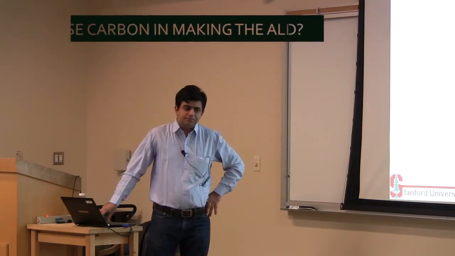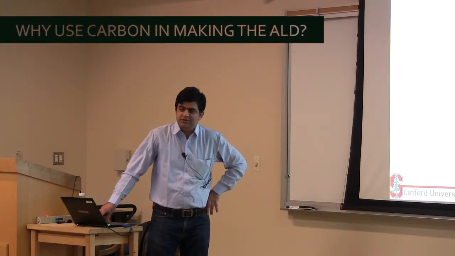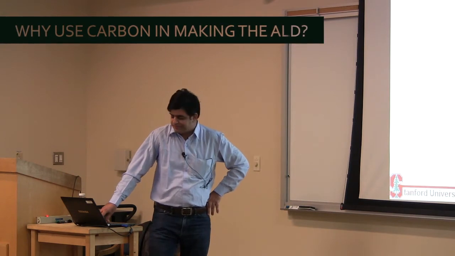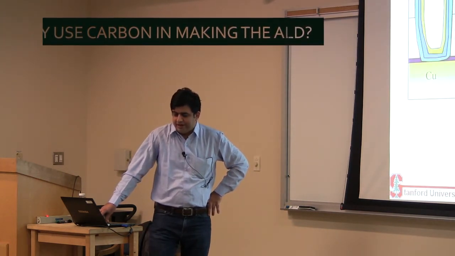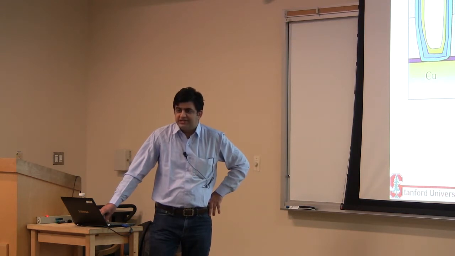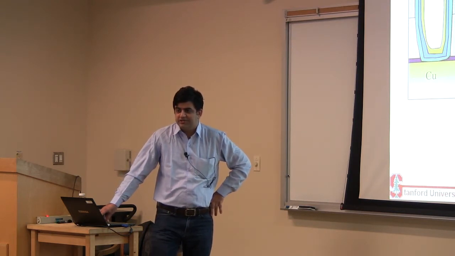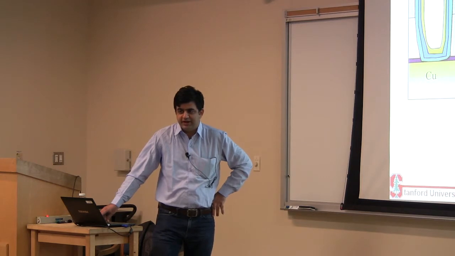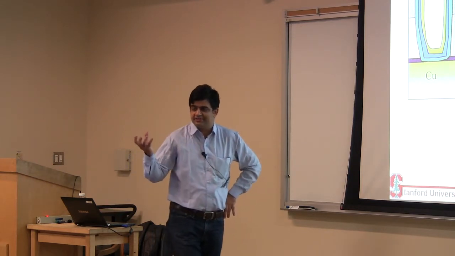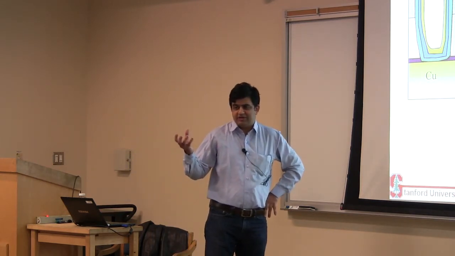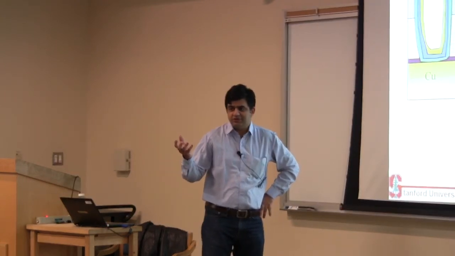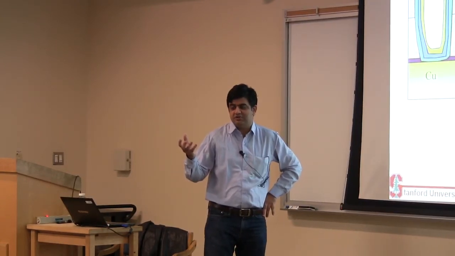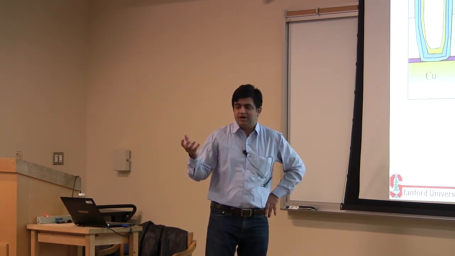Most of these metals are not in gas state. They're essentially solids. So for ALD, you need a metal precursor, right? If you have Al2O3, the way you deposit aluminum is you have TMA, or trimethyl aluminum.